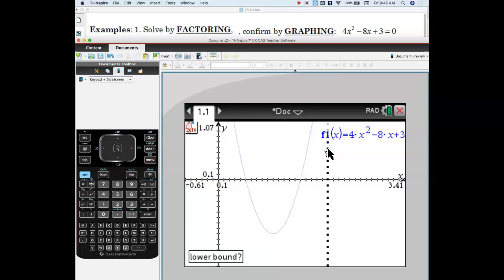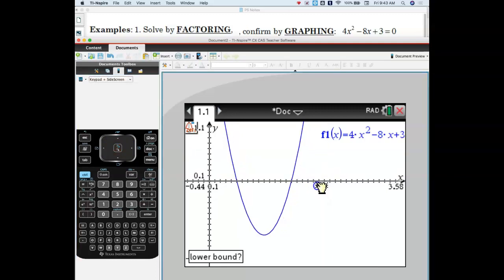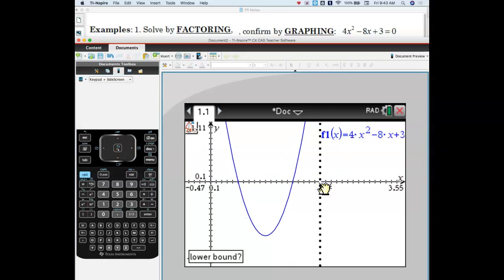Now, what I will tell you is, when you do that, if you haven't done this before, it gives you a dashed line. You hit the middle button right here, and it locks that line in, and then you slide it across, and it keeps going.